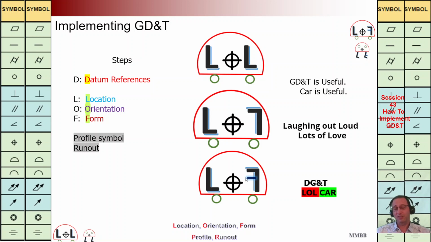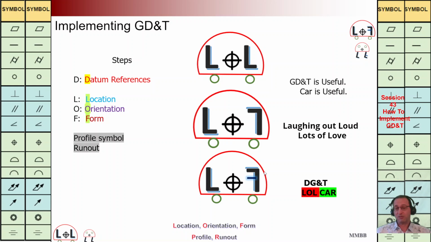Here we can see inside the car, and this shape is going to represent profile symbol, and we are going to have two wheels. The wheels are going to represent somehow the runout symbol, and all of them are covered with this D. If I read it vertically, it is D here.